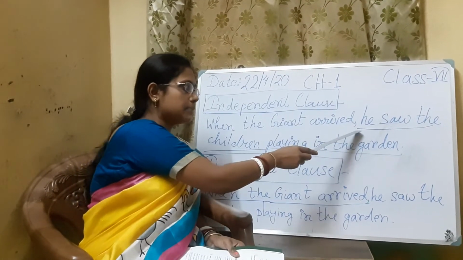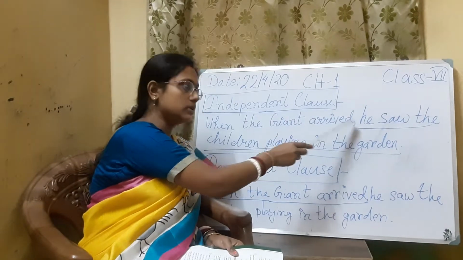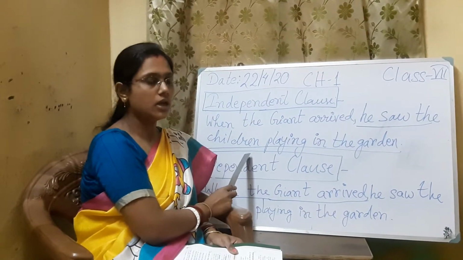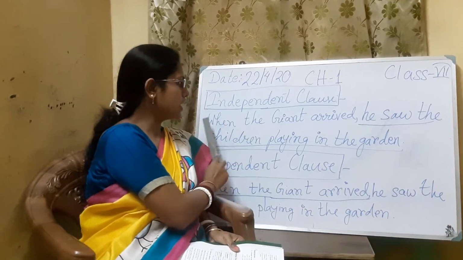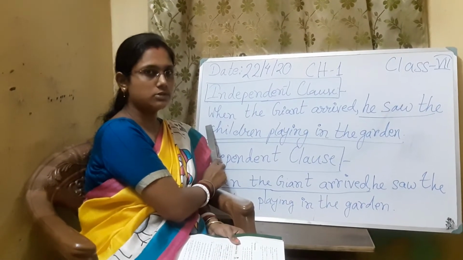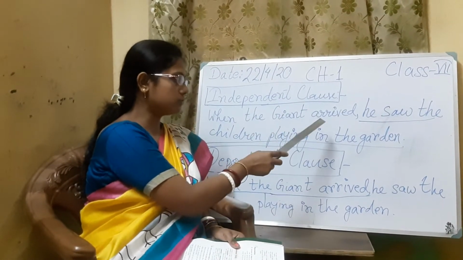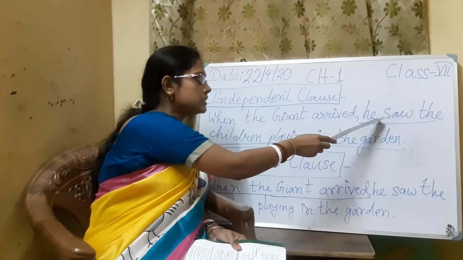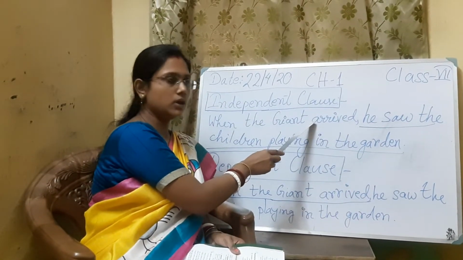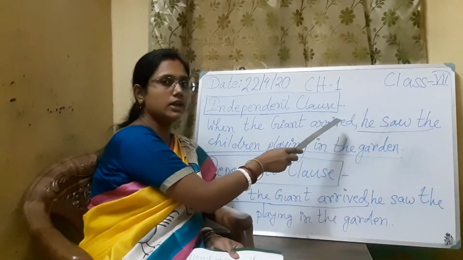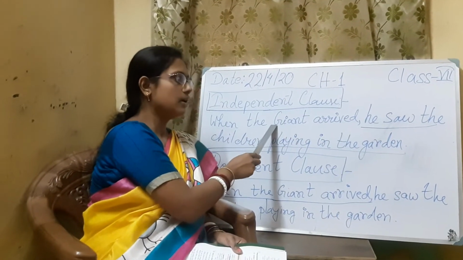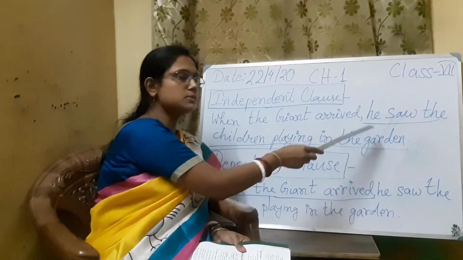So as this part of the sentence has a subject and verb, and the meaning is clear, it is not taking the help of the other part of the sentence. The other part means the first part which is written here, when the giant arrived. It is not necessary to say this to make the meaning clear.